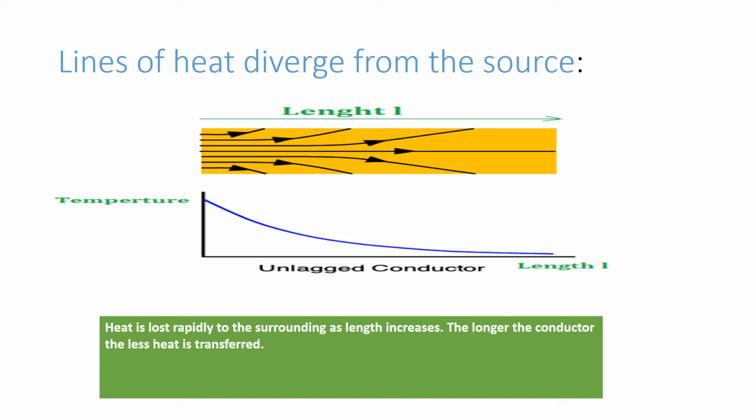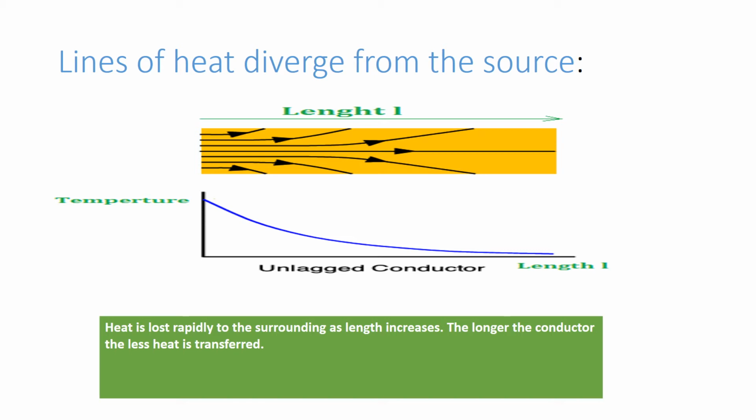As you can see, most of them are being lost on the surface near the source of heat, but as you move away from the source of heat, fewer and fewer lines of flow reach that end. This shows that as heat moves away from the source, it keeps on reducing.